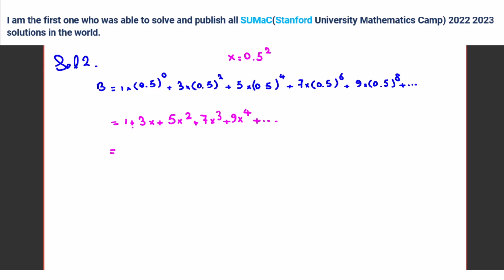Agreed? Okay, I write each of them once. It will be 1 plus x plus x squared plus x cubed plus x to the 4, plus this. So this one finished. But we have 3x, so I write 2x plus 2x squared plus 2x cubed plus 2x to the 4, and so on.